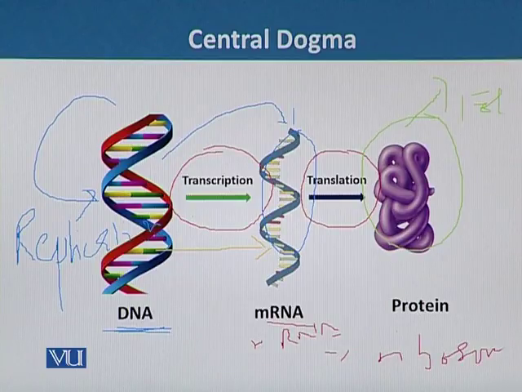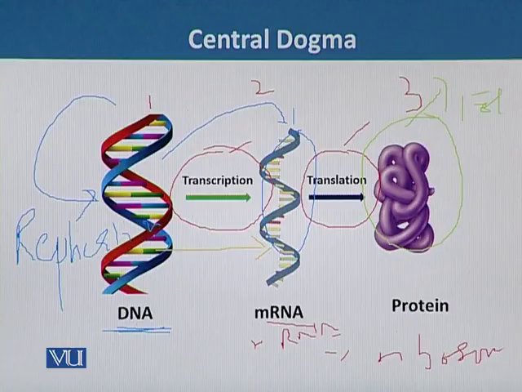We have seen here the specific steps of the central dogma, and basically it is a flow of information from one step to the second to the third through the processes of transcription and translation. So this is the central dogma of molecular biology.